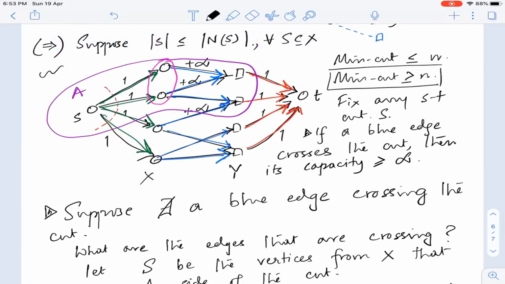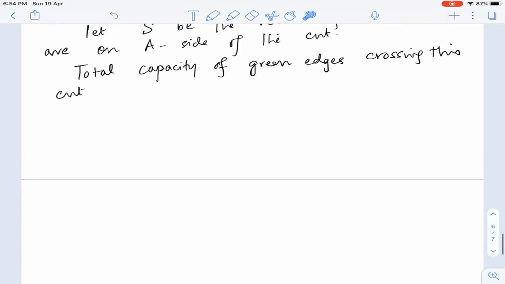Well, all the vertices in capital S are inside this cut, so those green edges do not cross the cut. All the other green edges cross the cut. In particular, those are the edges going from the source s to the vertices in X minus S, all the vertices which are in X but not in S. Those green edges add to the capacity of this cut. Remember the capacity of each of these edges is 1, so this is precisely mod of X minus S.